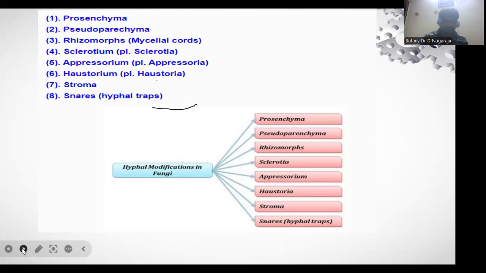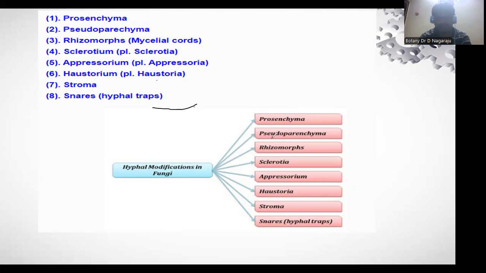Okay. What are those different structures? You see here, you read out. Hyphal modifications, thallus modification in fungi. All the questions come from this. Prosenchyma.